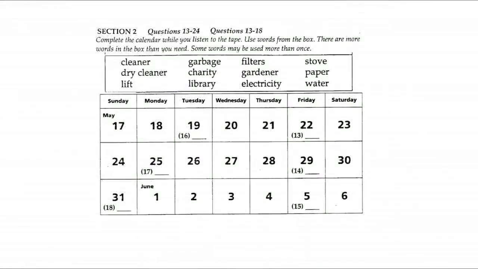Section 2. You are going to hear a tape recording of instructions and advice which a woman called Martha has left for her friend John, who is coming to stay at her house and take care of it while she is away.